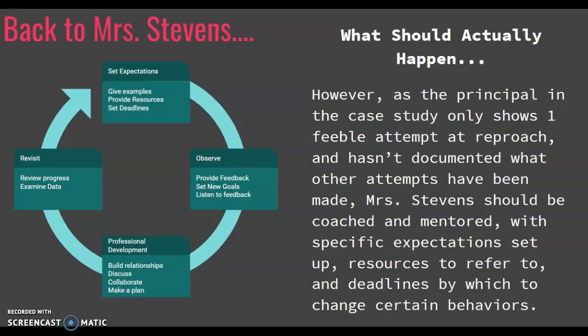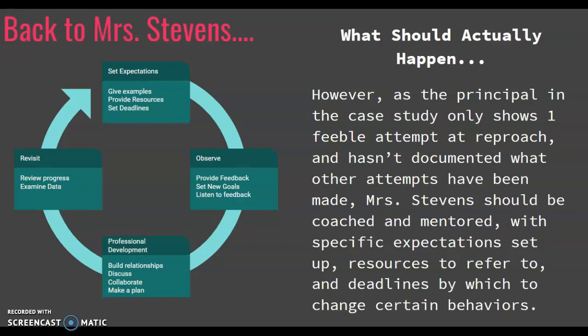So if I was the principal in the case study of Mrs. Stevens, I think that this teacher deserves a fair chance at redirection and learning more. And I do understand the idea of if we give it another year, then there's tenure there. But trying to think of our teachers as people, and if she's up for tenure, then how many years has she already been there?